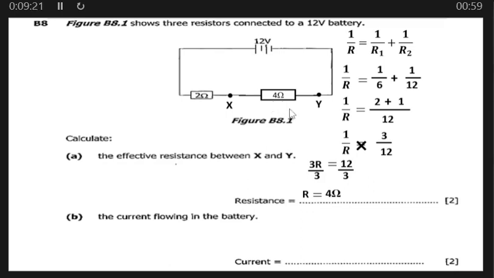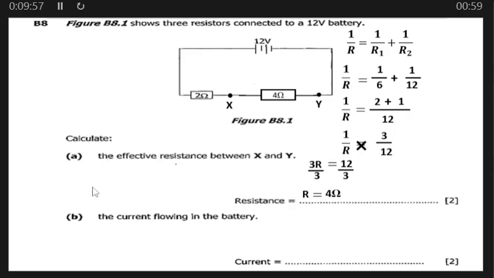So here, for us to be able to calculate the current flowing through the battery, we must be able to calculate the total resistance that is resisting that current. So total resistance and then total voltage will be able to help us to calculate the current. So for us to be able to calculate current in this circuit here, which has become like a series circuit, we know the formula.